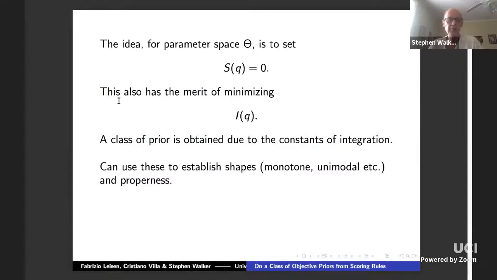So we get a class of priors, which is actually in the heading, because we get constants of integration. So as we go back to solve the equation, we obviously get some constants we need to put in. It's not that we're using those in a subjective way. Those can be used to invoke certain shape constraints and ensure properness.